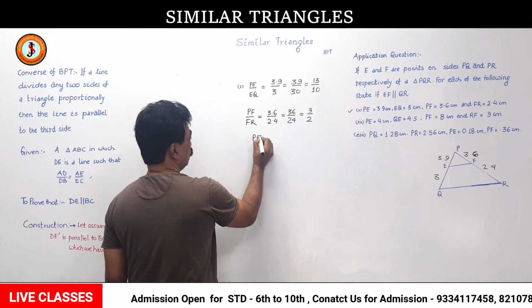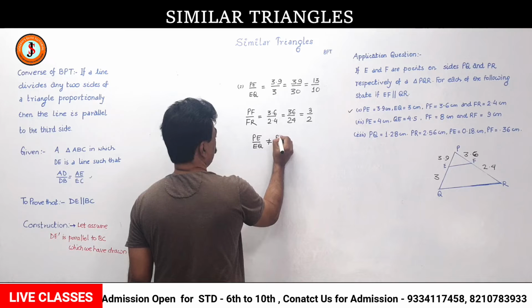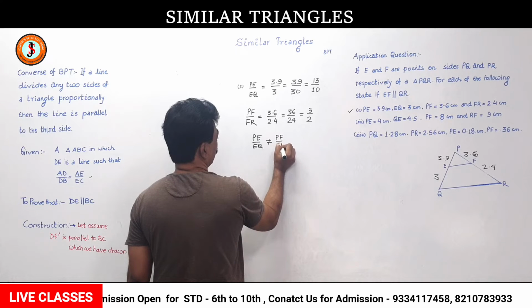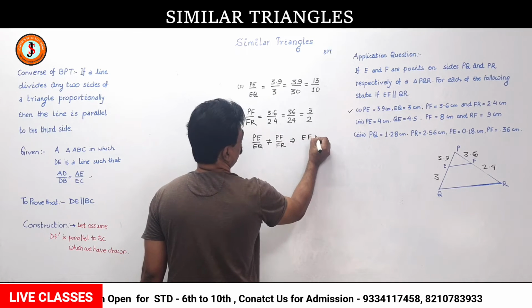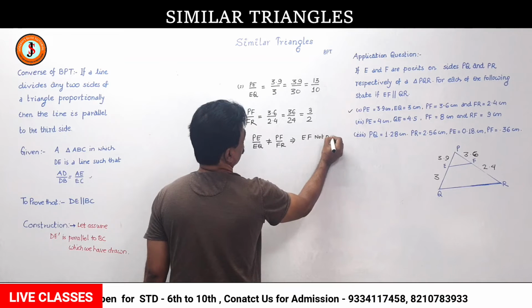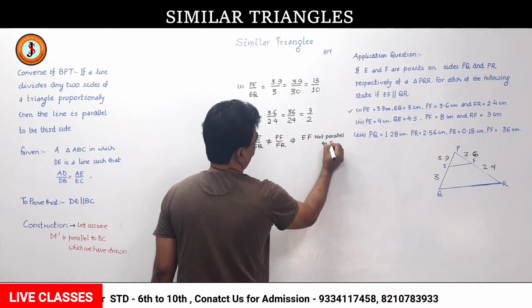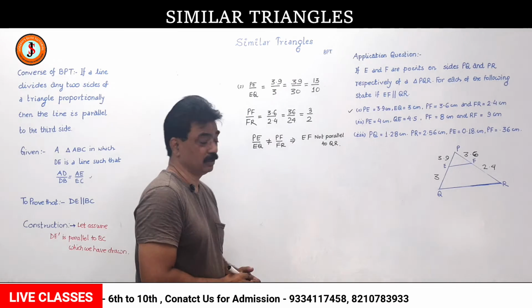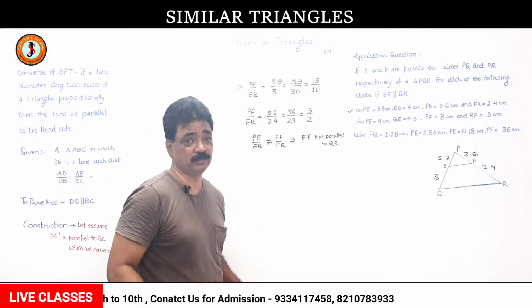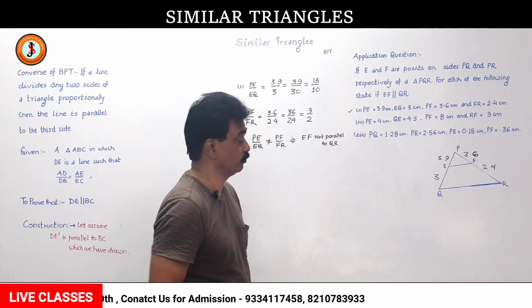So, PE by EQ is not equal to PF by FR, this implies that EF is not parallel to QR, because the lines are not divided proportionally. So, that means the converse of BPT is not applicable over here.